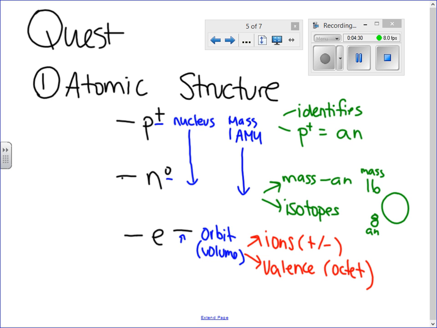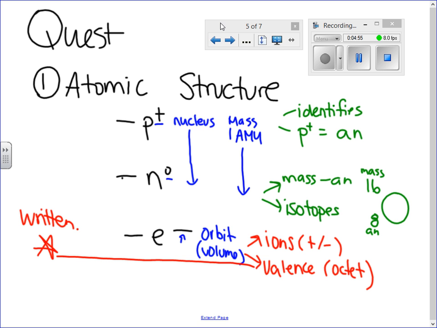You might recall that noble gases already have 8 valence electrons, so all the other atoms are trying to get like a noble gas. Some atoms will gain electrons, some atoms will lose them. But this idea of having a full set of valence electrons is definitely something, let's just even specify, that I would ask you to write about.